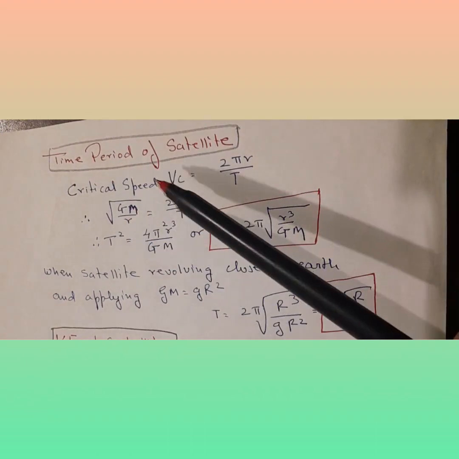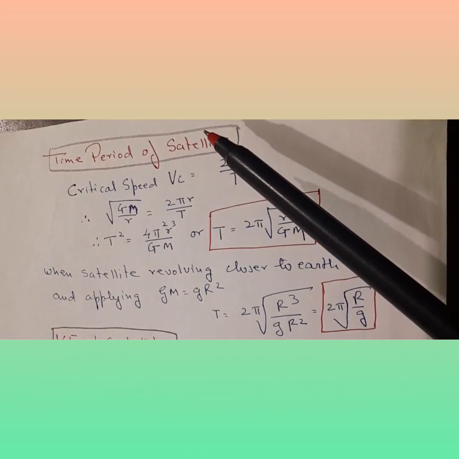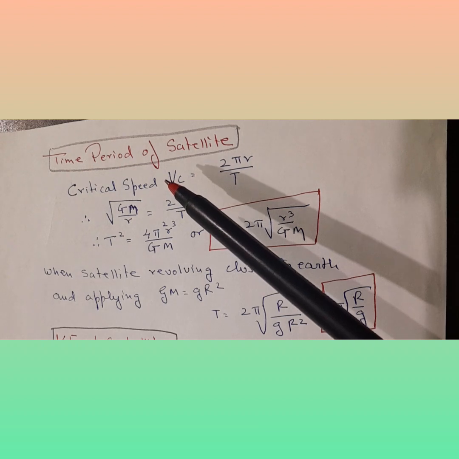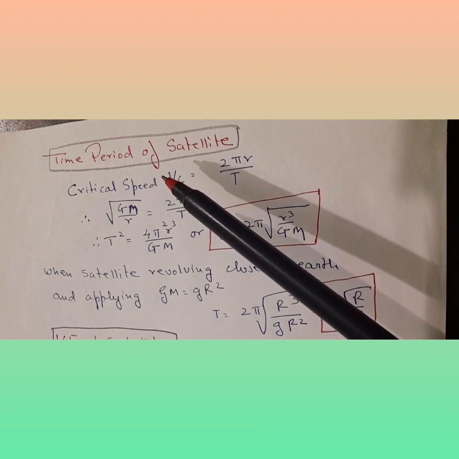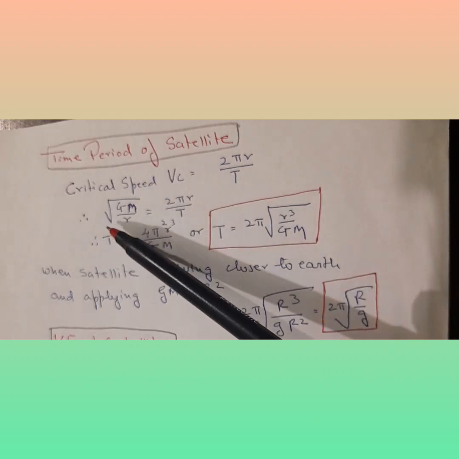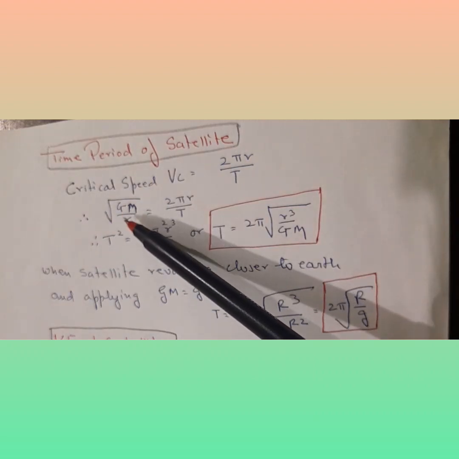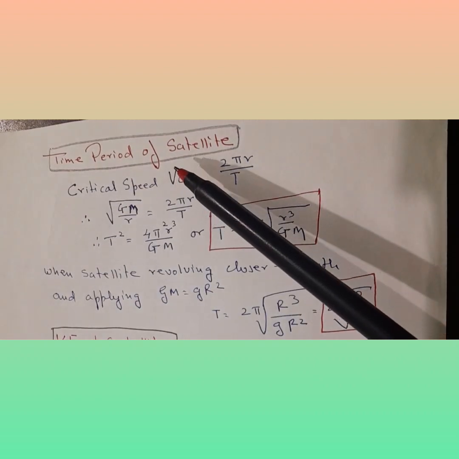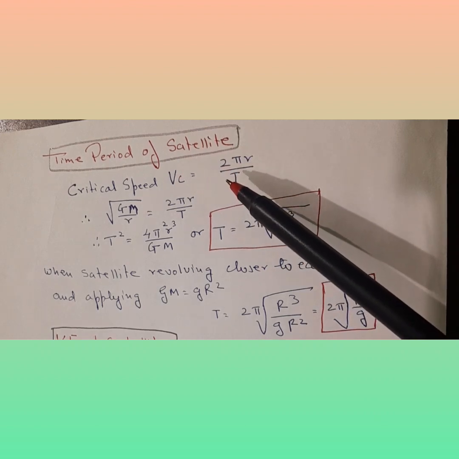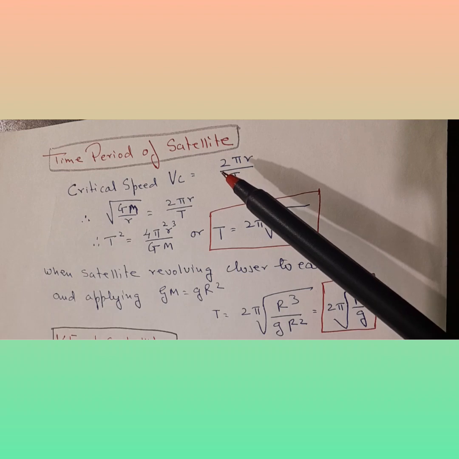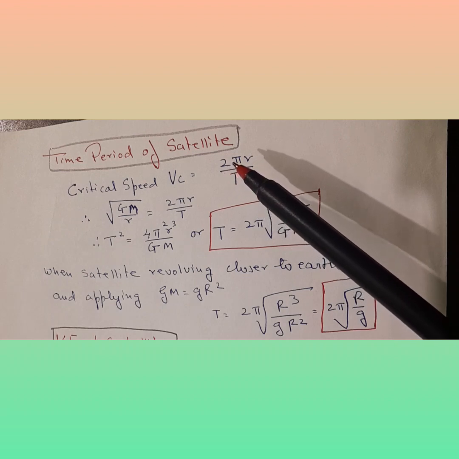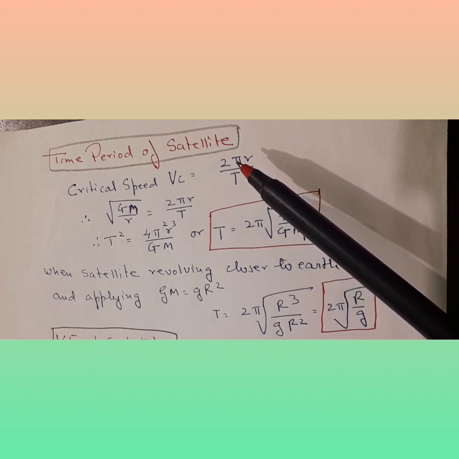Alright, let's get into the time period of a satellite now. Critical velocity that we found out earlier was root GM upon r, and critical velocity can also be written as 2 pi r upon T. Why? Because when we talk about critical velocity, it is the satellite which is moving in a circular orbit round the Earth.